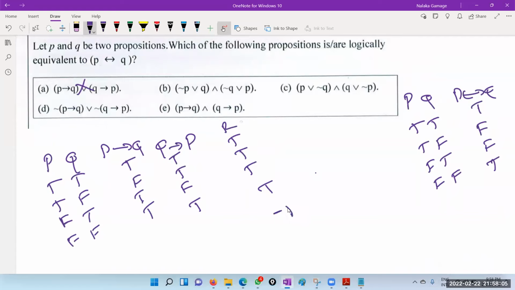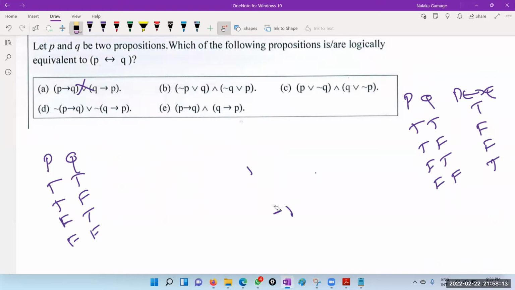Let's draw it here. B is the answer: I need not P and not Q. Not P is false, false, true, true.